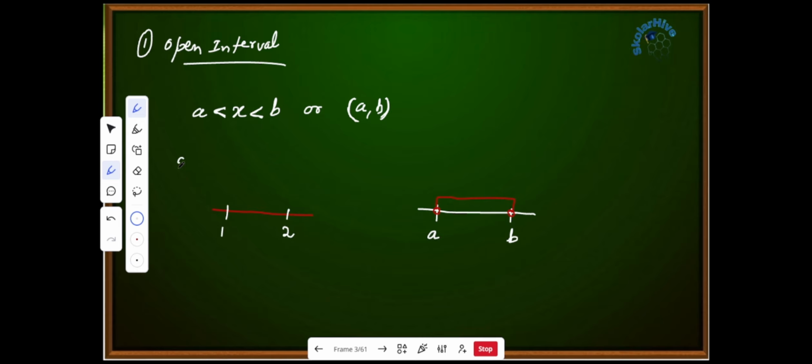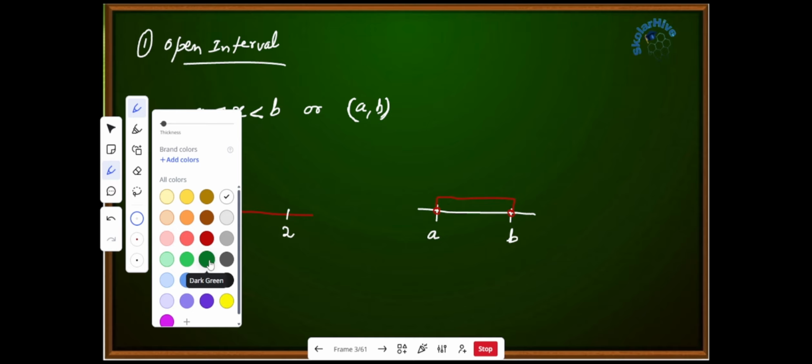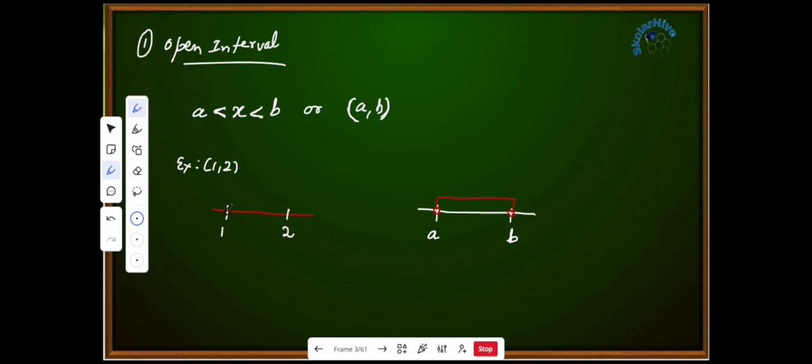So this open interval (1, 2) is nothing but the values of all real numbers between 1 and 2, except 1 and 2. It means in this interval the values of x will be either 1.1, 1.001, any number.